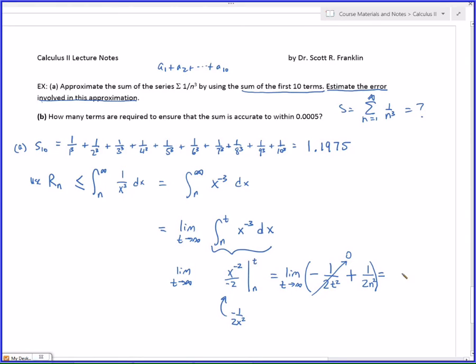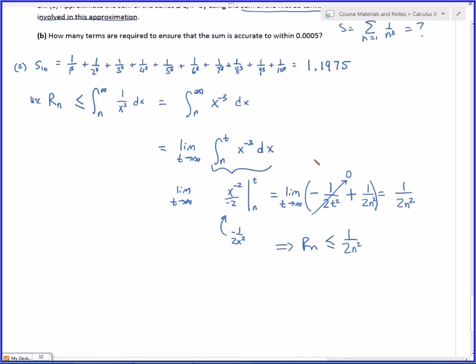So what you end up with is just 1 over 2n squared. Whatever n is here, that's what you get for your Rn. Rn is less than or equal to this. That's what we just proved, that the remainder is no bigger than 1 over 2n squared.